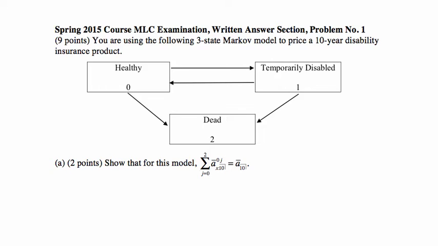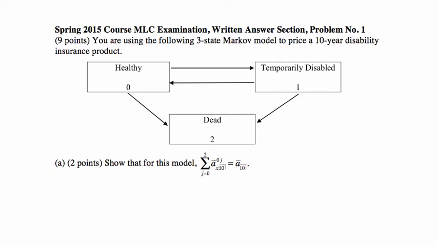First step is to show that for this model, the sum from j equal to 0 to 2 of the annuity payable continuously from age x for up to 10 years. Now this notation above, 0j, refers to an annuity that is payable as long as that life, now age x, is in state j, given that the life is now in state 0, so healthy.